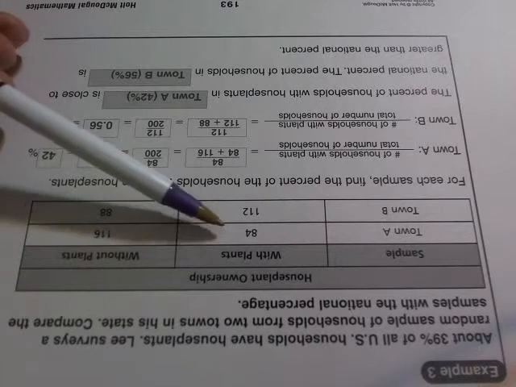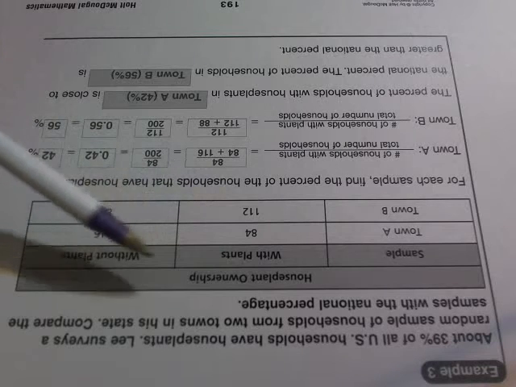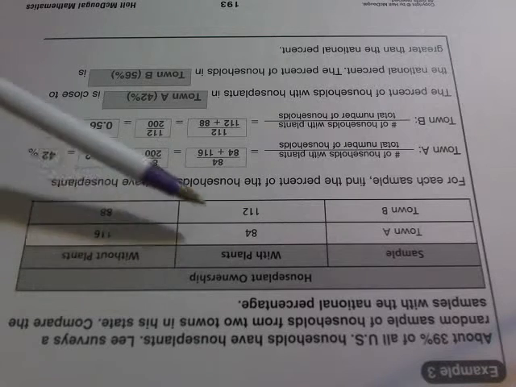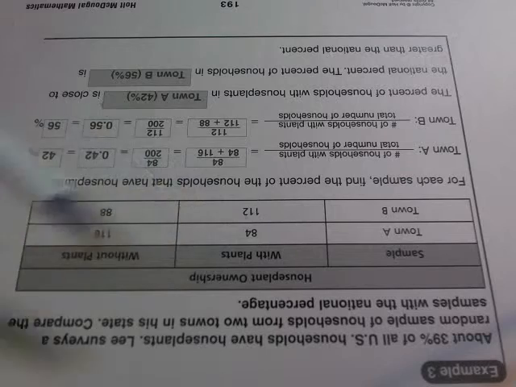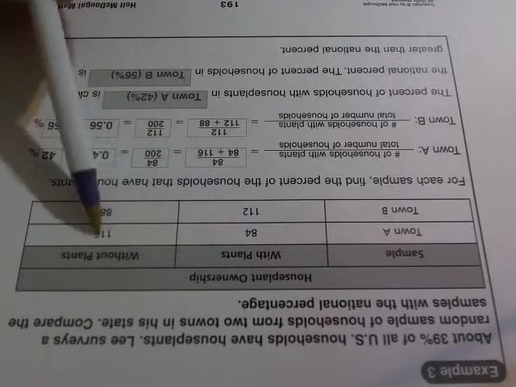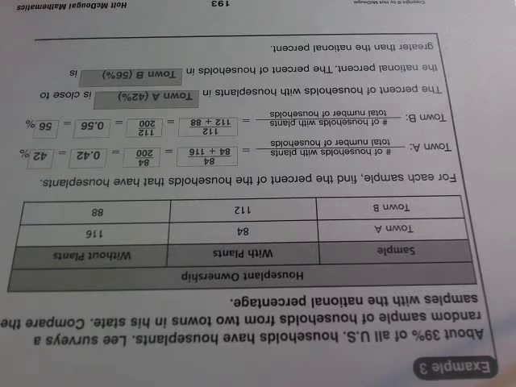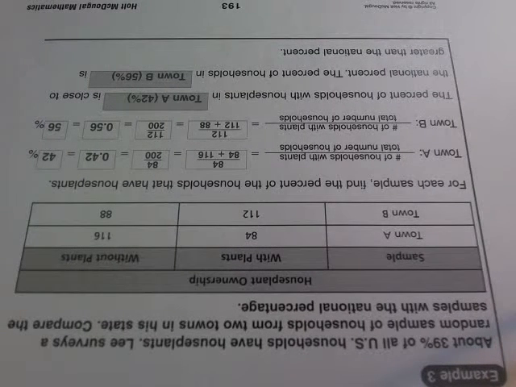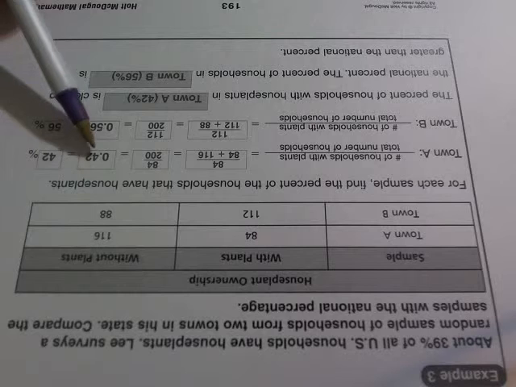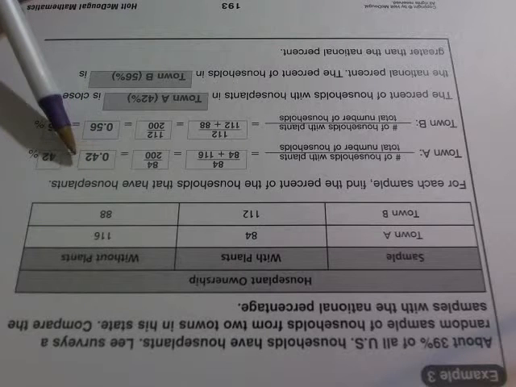So that means there's 84 with plants of a total 200 households, because of course we're adding these up to come up with the total of 200. So 84 out of 200 have the plants, or in other words, 42%, 0.42 as a decimal.